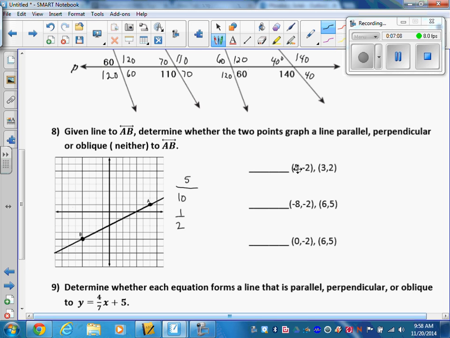Now I need to locate the slope of all of these line segments. So if the slope is 1/2, it is going to be parallel. If the slope is -2, or -2 over 1, it is going to be perpendicular. This is the negative reciprocal.